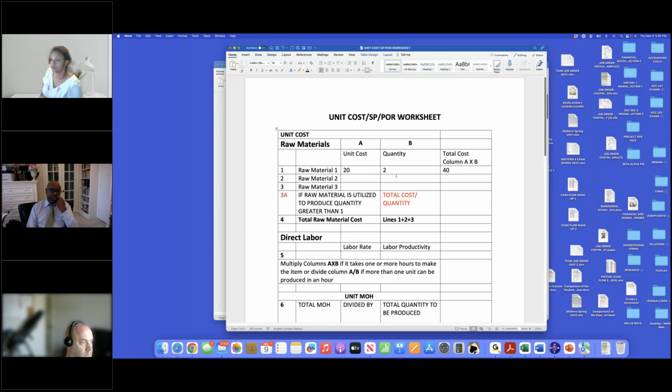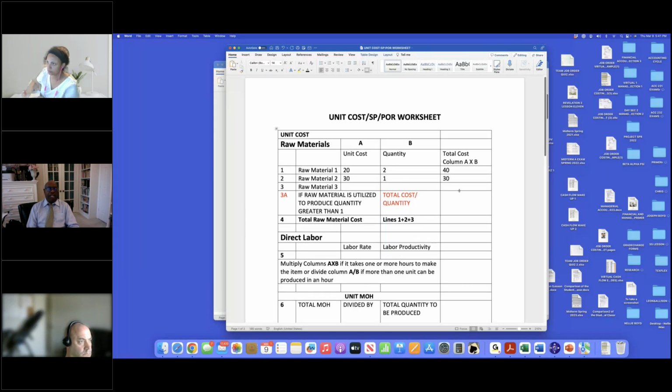Let's go to raw material 2. That's the paper. What's the unit cost of the paper? 30. And we're using a quantity of what? 1. So that's 30.